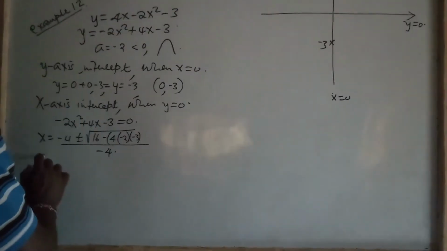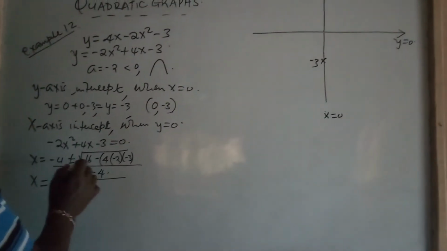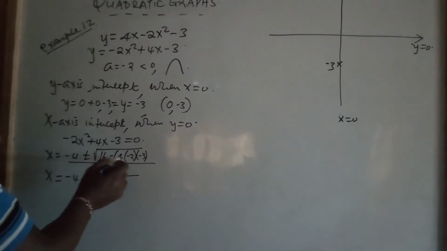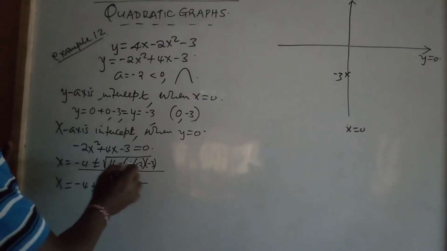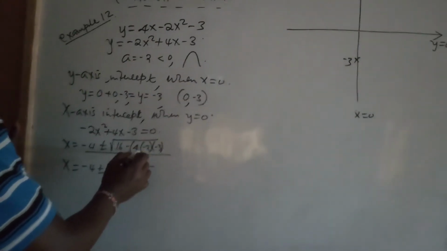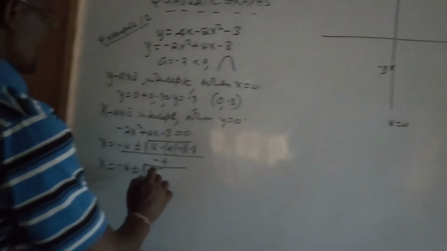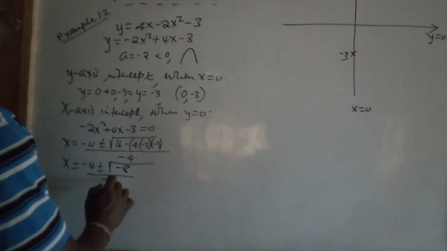Let us look at this root part: 16 minus, positive 8 times 3 is 24. So 16 minus 24 is negative 8, everything over minus 4.